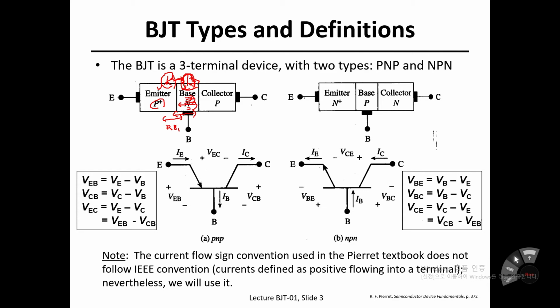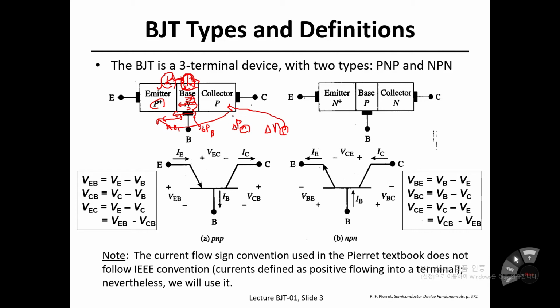Then what would happen? Previously there were only two types, p or n, but now we have three different regions. If I say n region, in this PNP BJT n should indicate the base only, but that's okay. However, what if I'm talking about delta n sub p, where this p indicates the collector or the emitter? That's very confusing.